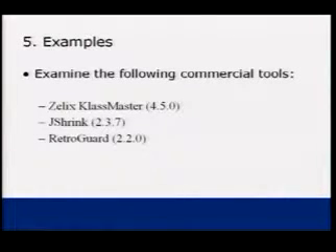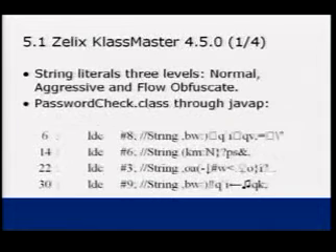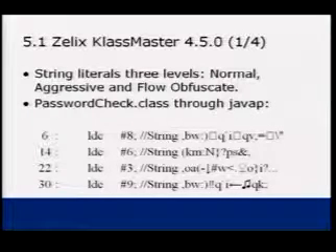Now, if we look at the particular fingerprints within particular tools, ZX Classmaster is just an example, and they're using string encryption. If you look at the string values here in the bytecode, they definitely don't look like normal ASCII printable text.